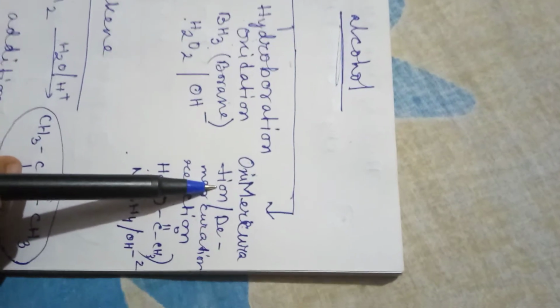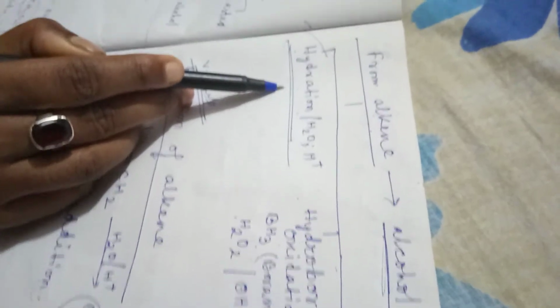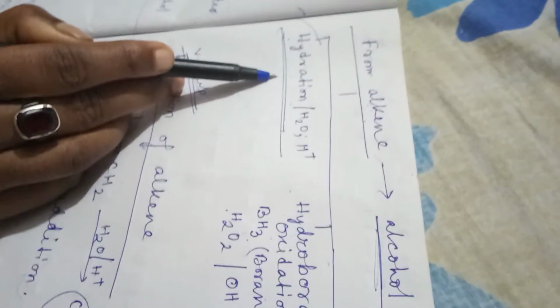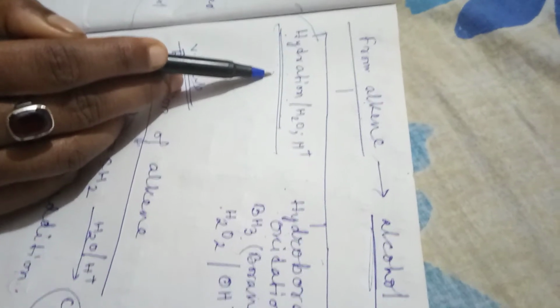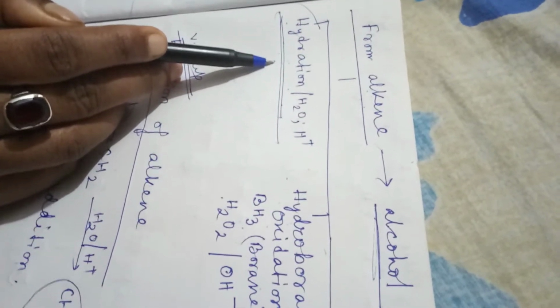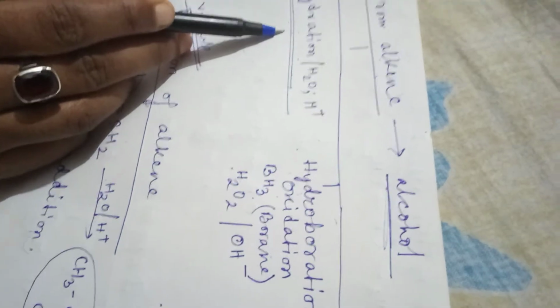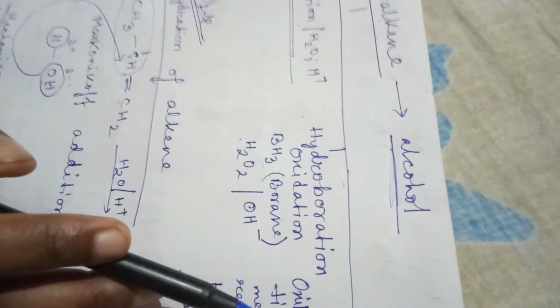Only in the hydration of alkene method is there carbocation formation. We have seen that a highly stable carbocation is formed, but in these two reactions there is no formation of any carbocation.